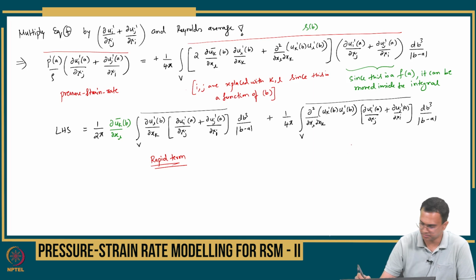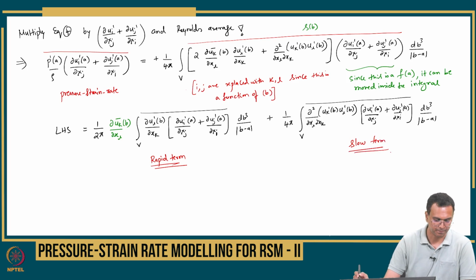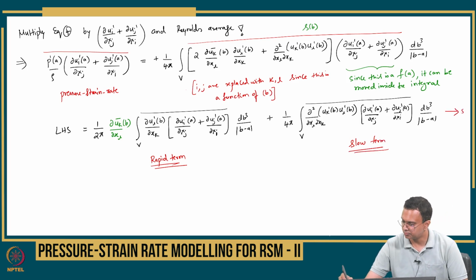This is your slow term. Let's call this equation 5 here.